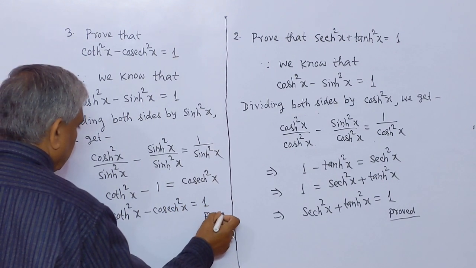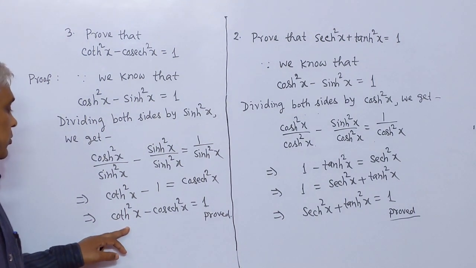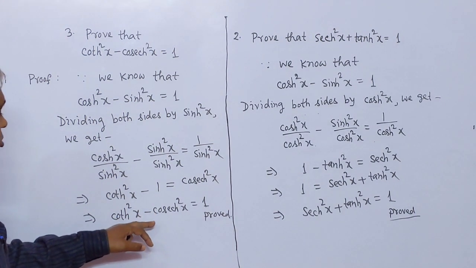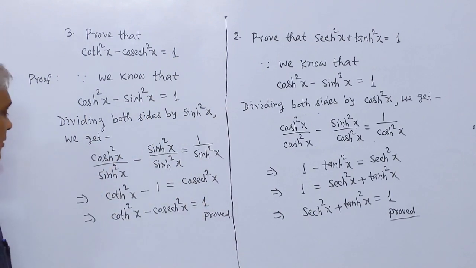In circular function we know this formula, cosec square theta minus cot square theta equal to 1.